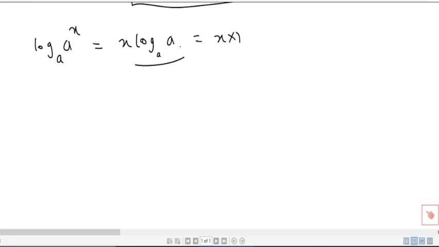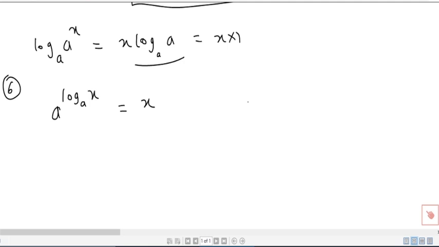Let's talk about another property, similar to this one, which is the sixth property. A raised to the power log of base a of some number x. What does it mean? It means you will get x simply.